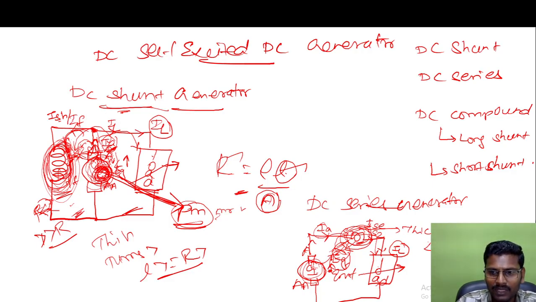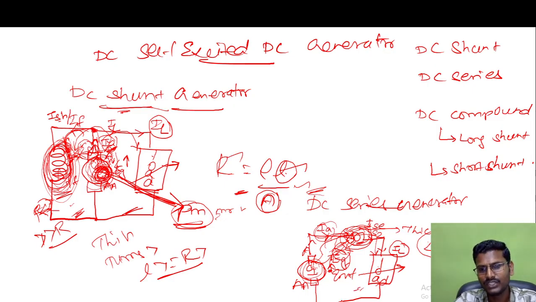So the length is very small, and due to the relation R equals L by A, the resistance of the conductor is very low. So the coil resistance will be very low, and a small amount of armature current is enough to excite this field winding. This is the principle behind the DC series generator.